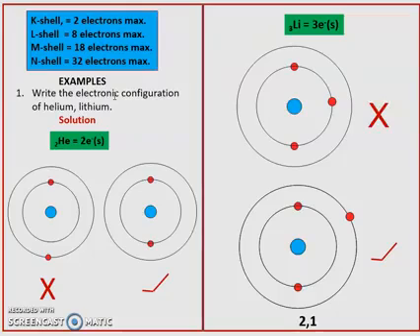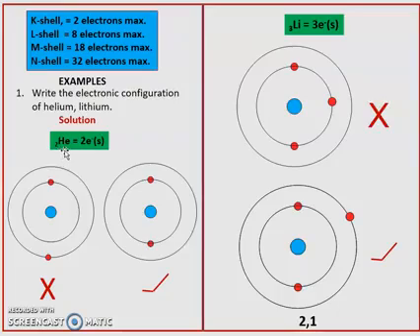Then how do we draw the structure of an atom, or the electronic configuration of a particular atom? Let's start with the electronic configuration of helium and lithium. Remember, the atomic number of helium is 2. The number of protons is equivalent to the number of electrons, I hope it's not forgotten.